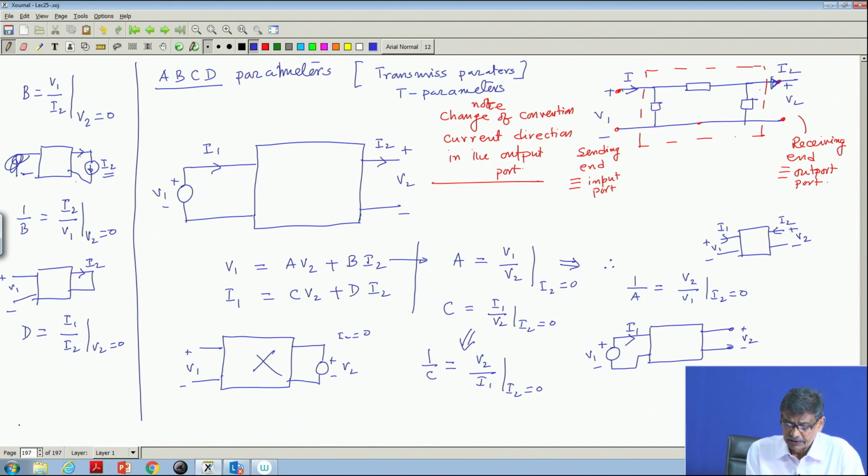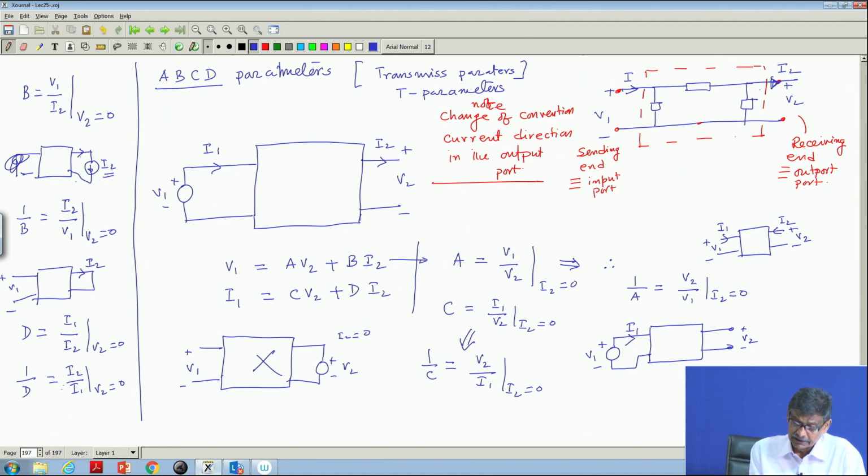Here once again, if you excite this with a current source I 2, you cannot be sure that V 2 will be 0. How to do this experiment? Difficult. So, 1 over D is how much? 1 over D is I 2 by I 1 with V 2 equal to 0. Let us calculate that, and this is achievable.